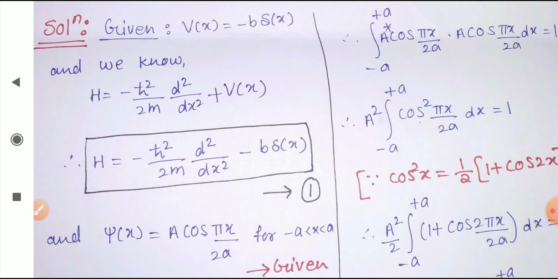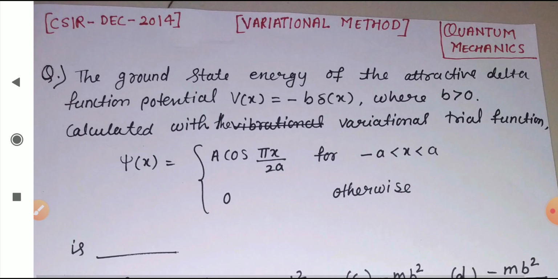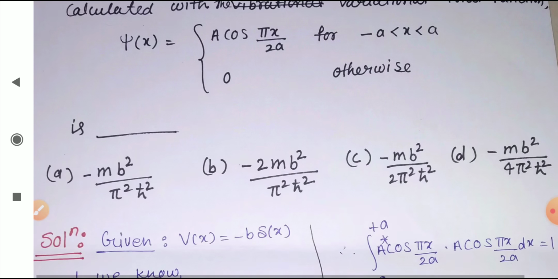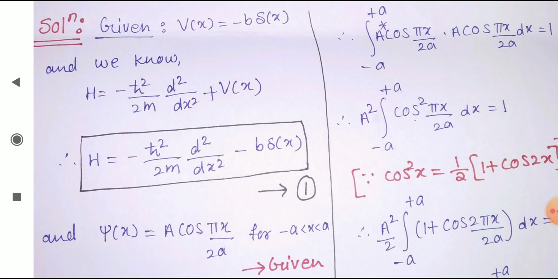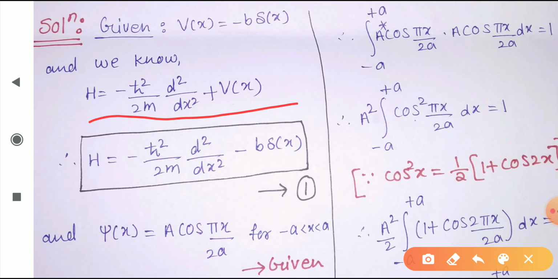As you can see, the Hamiltonian is not given in the question, so we have to take it. Just remember this equation, because I have already talked about this Hamiltonian in my previous lectures. If it is not given in the question, you have to write it. The Hamiltonian is minus h cross square upon 2m d square upon dx square plus v of x.